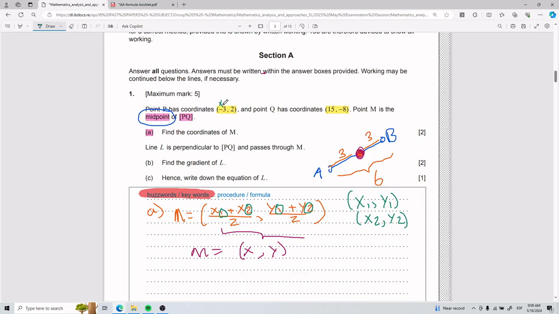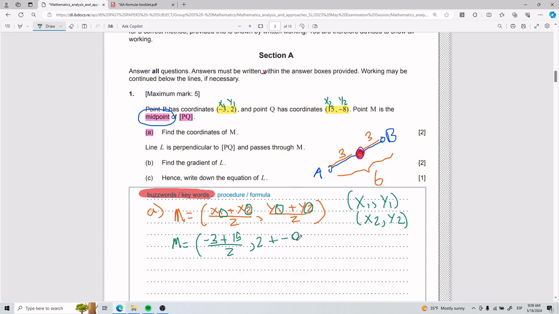So x1 is -3, y1 is 2, x2 is 15, and y2 is -8. And now that we understand all of that context, suddenly this becomes way more friendly. And I go ahead and plug into the midpoint formula. So for this first one, I end up with x1 we said was -3 plus x2 is 15 divided by 2, comma, y1 we said was 2 plus y2 we said was -8.